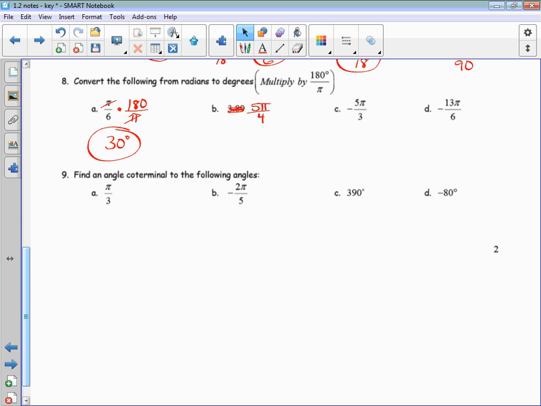Okay, so save yourselves a little time, reduce before you multiply. Okay? It makes life easier, since I'm withholding your calculator.